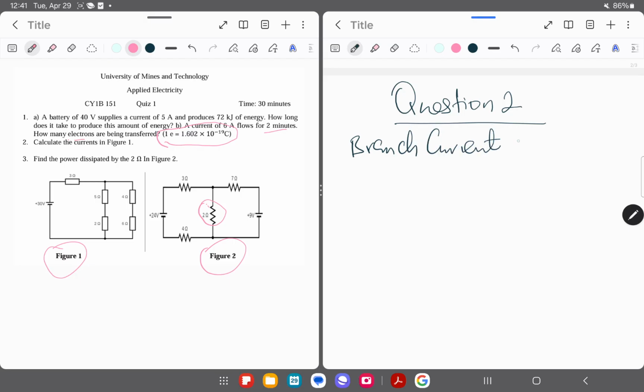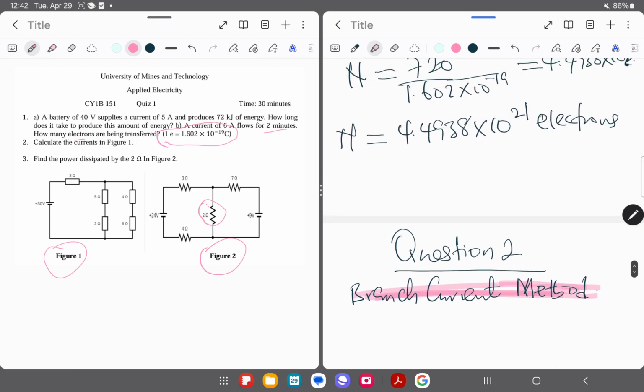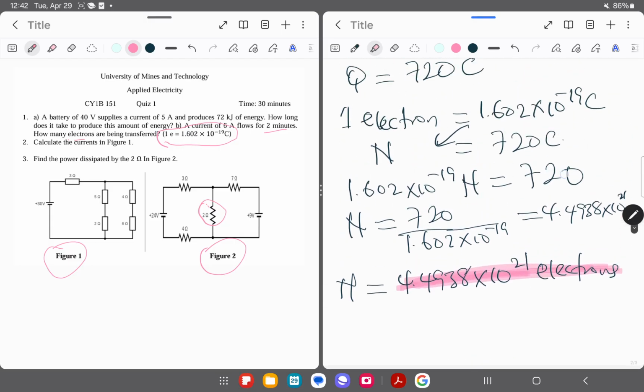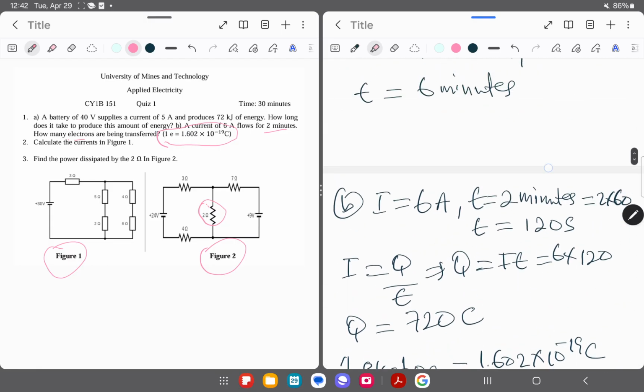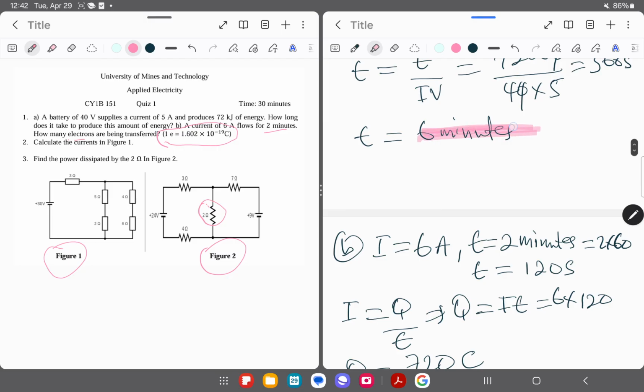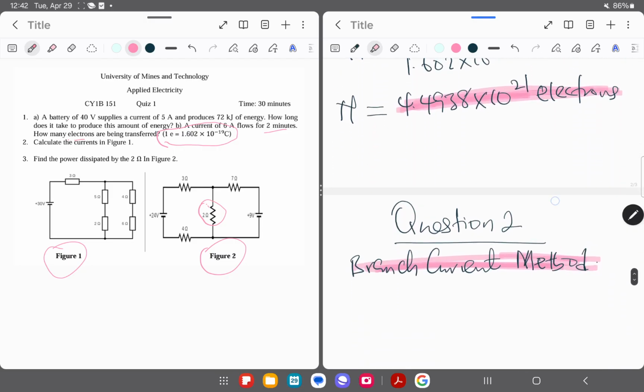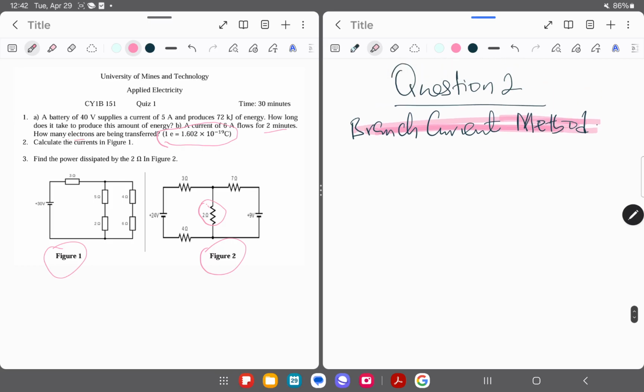Even here, let me indicate the final answer that we got for question 1, which was 6 minutes. Now for this question you have to find the current, and we are going to be using the branch current method.